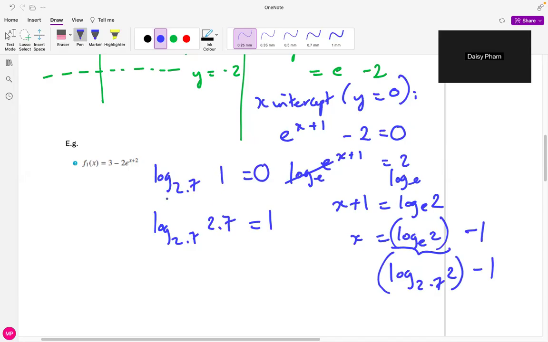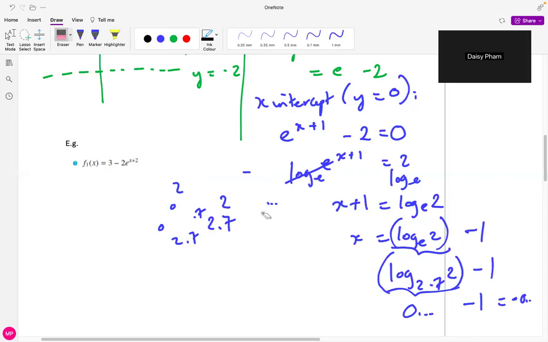So this means if I want log base 2.7 of 2, you can see 2 is in between 1 and 2.7. So I know the answer will be 0 point something. I don't know the answer exactly, but I know it's 0 point something. So 0 point something minus 1 will give you negative 0 point something. That's how you estimate the approximate position.